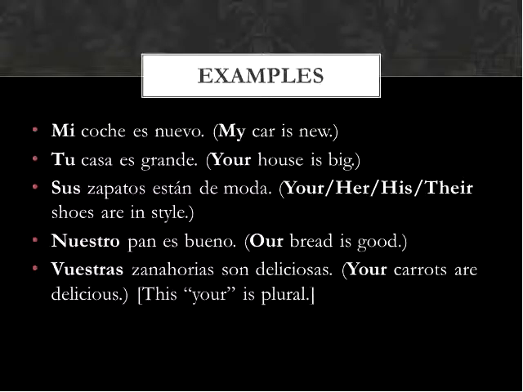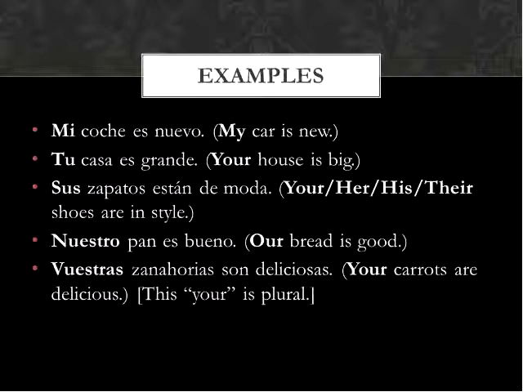So here's some examples. Mi coche es nuevo, my car is new. Tu casa es grande, your house is big. Sus zapatos, see how we don't use su zapatos? Okay, we have to make it plural. Sus zapatos están de moda. And that can have several meanings: your, her, his, their.